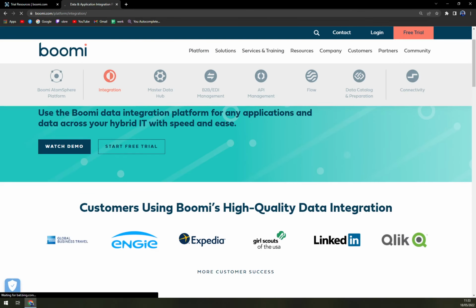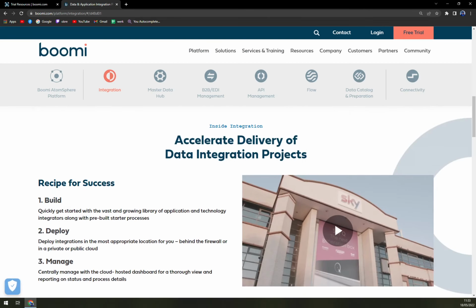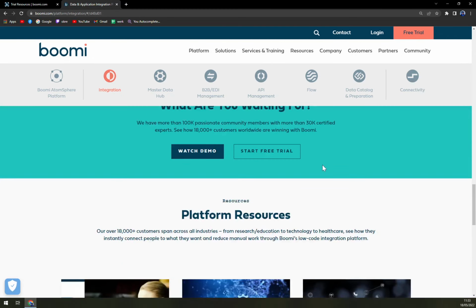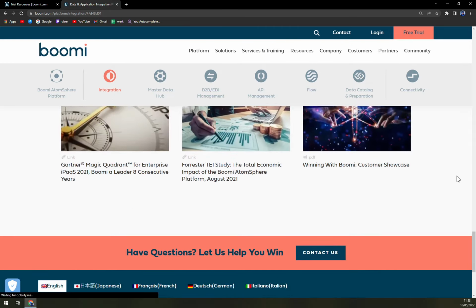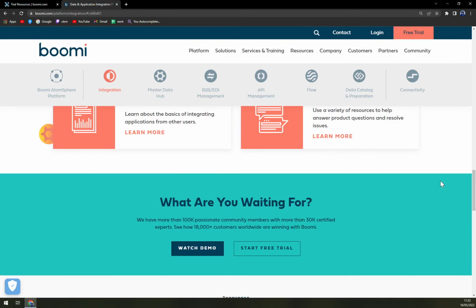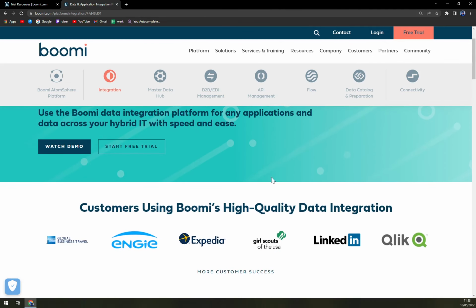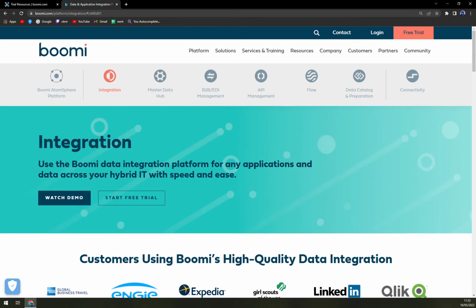So in integrations, let's see what we can integrate it with. Deploy and manage. Yeah, I mean, they are quite huge, but so far I wouldn't prioritize them over Zapier, or over Automate.io, which is completely seamless and so easy to operate.